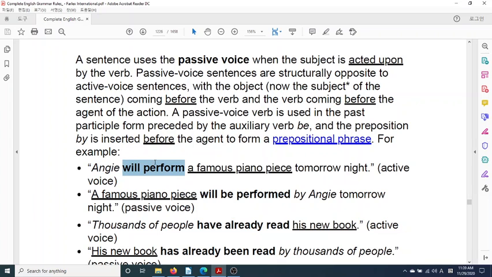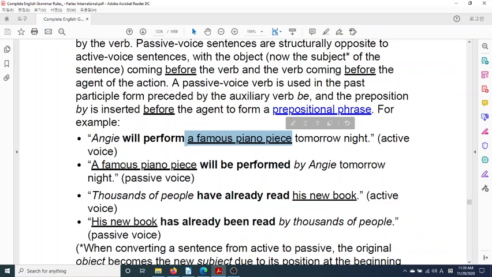Angie will perform a famous piano piece tomorrow night. So this is regular, right? Subject, verb, object. Okay, not too bad. But what if the music itself is the focus of the sentence and makes itself the subject? Well, you'd write it like this.